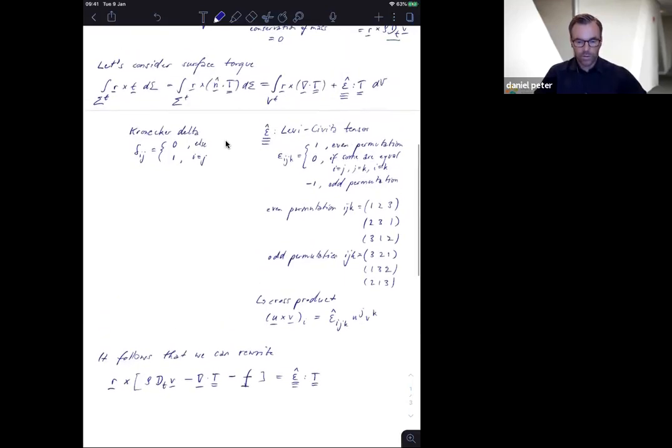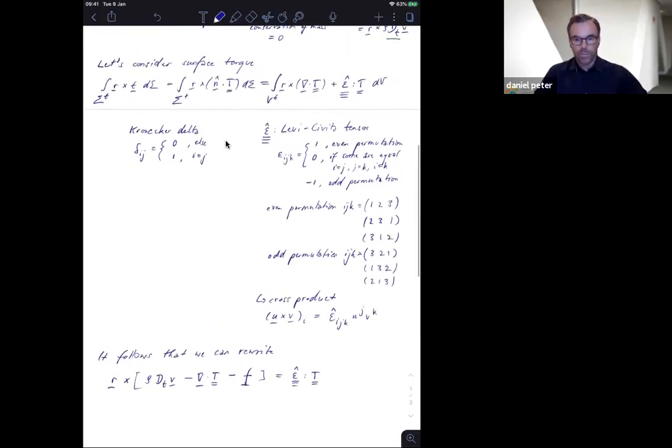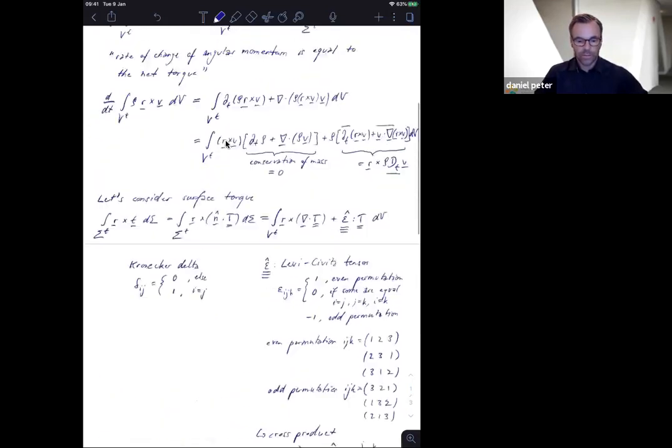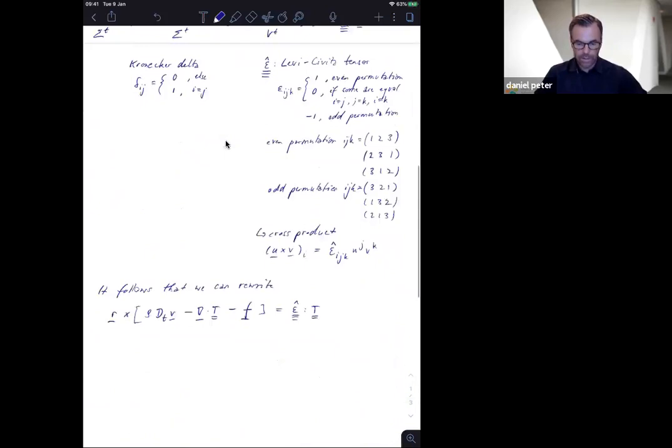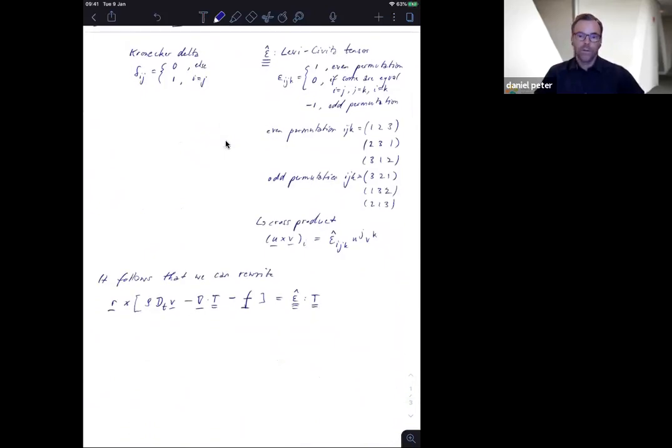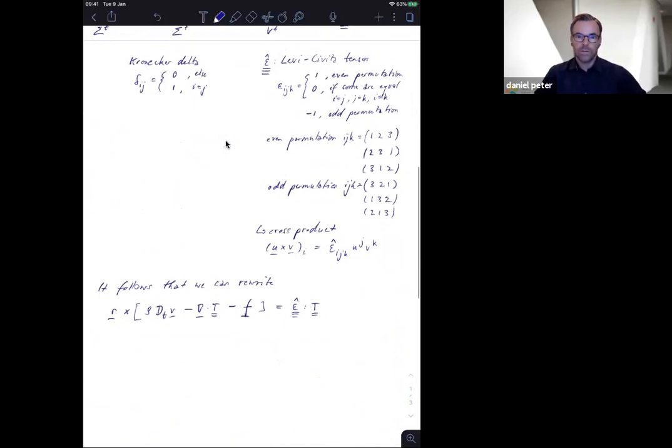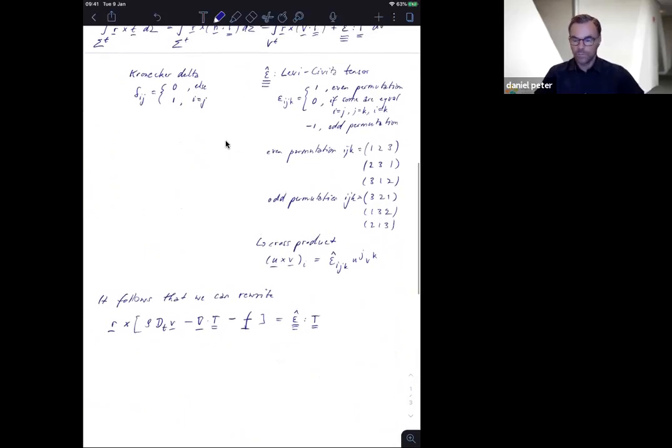So we just took the divergence of the stress on the other side, plus from the volume torque, the body forces, and then we are left with our alternating tensor, the Levi-Civita tensor, times the stress tensor. And again, this is why we wrote it in this way. So look at the expression in the bracket.